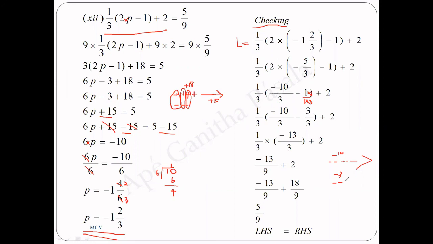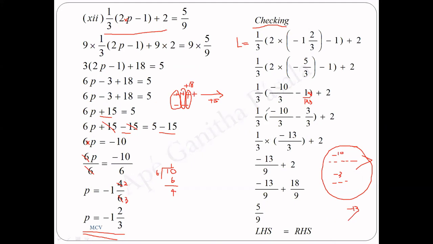Here you can't cancel out because all are minuses. You can cancel out only plus and minus. So what is the solution here? Minus 13. So we get minus 13 over 3 plus 2.